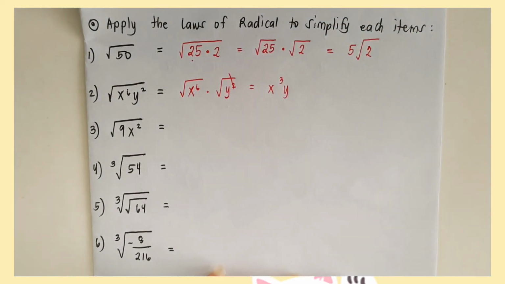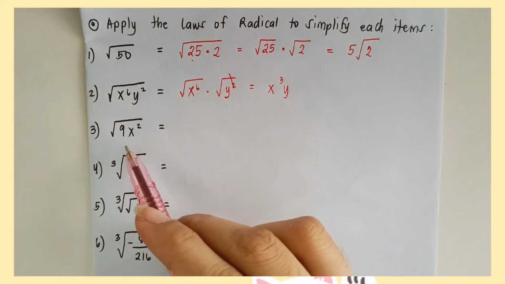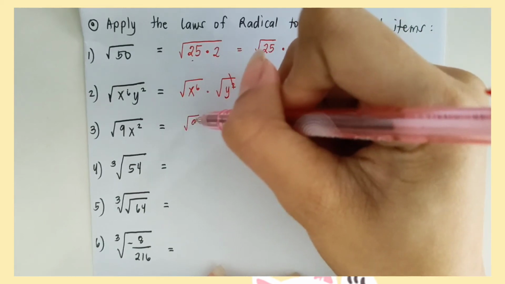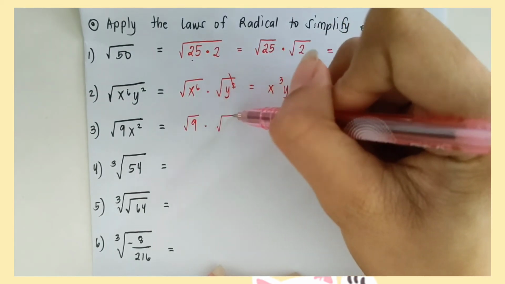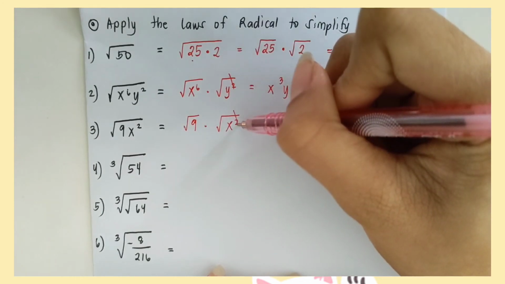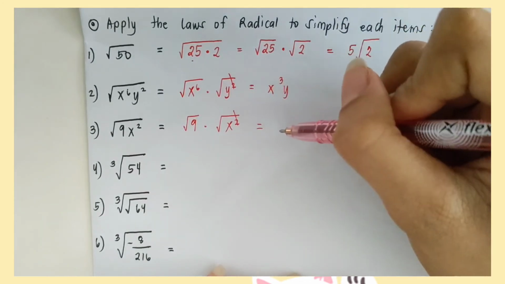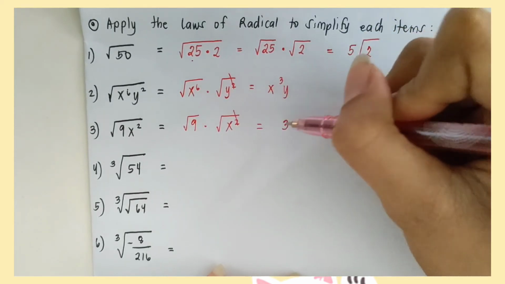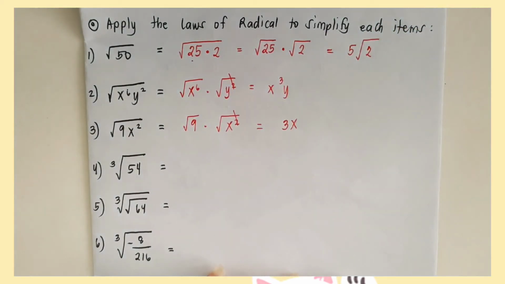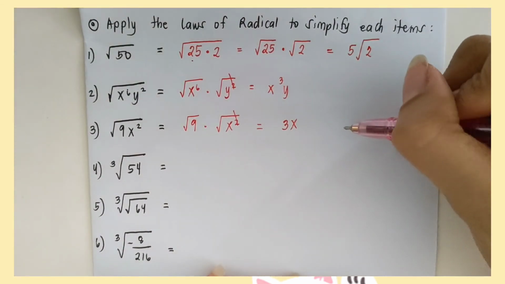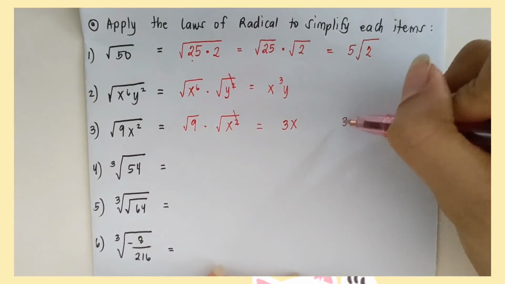Number 3. The square root of 9x squared. This is the same with the square root of 9 times the square root of x squared. So we have the square root of 9, which is 3. So 3x is our final answer. If we elaborate this one, we have 3 squared.